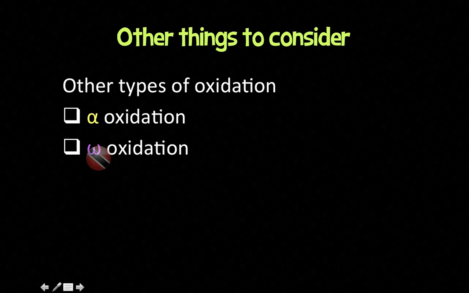The other one, you might see as a strange looking W, and that's actually the Greek lowercase letter that stands for omega. So that's omega oxidation. For animals and humans, omega oxidation is a minor form of oxidizing fat, so it plays a minor role. It's significant in diseases such as MCAD deficiency, which is medium chain acyl CoA dehydrogenase deficiency.